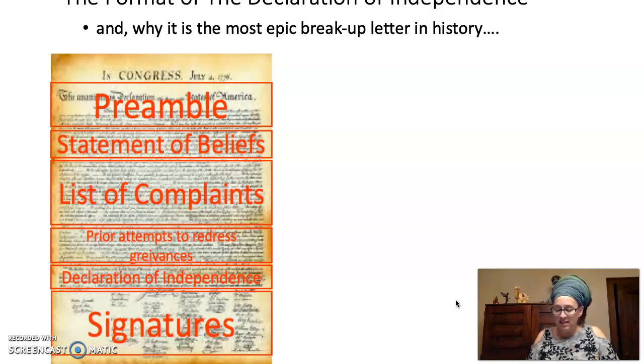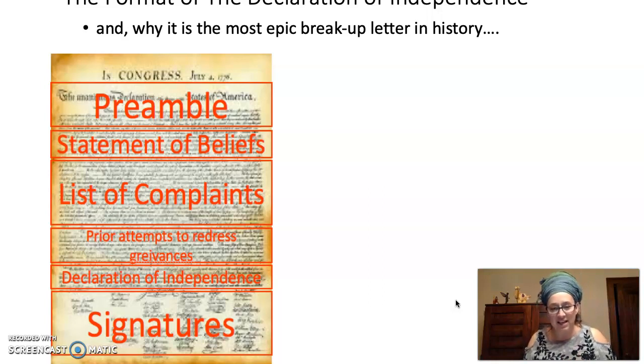And at that point, he says, therefore, we, the representatives of the United States of America, in General Congress assembled, appealing to the Supreme Judge of the world for the rectitude of our intentions, do in name and by the authority of the good people of these colonies, solemnly publish and declare that these United States colonies are, and of right ought to be free and independent states, and that they are absolved from all allegiance to the British Crown, and all political connections are broken.